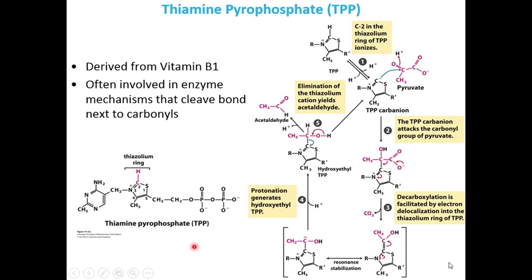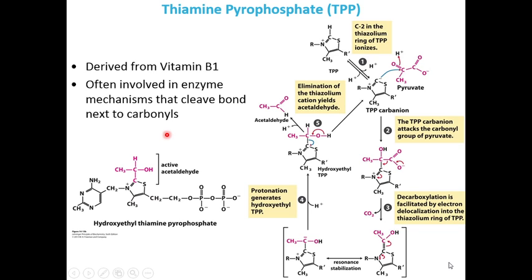It is an important cofactor that is used by enzymes to cleave bonds next to carbonyls. The thiazolium ring in TPP, as shown here, stabilizes carbanion intermediates by providing an electrophilic structure into which the carbanion electrons can be delocalized by resonance.